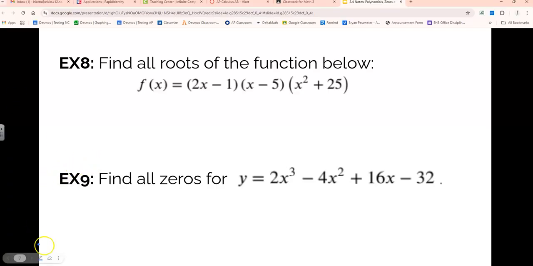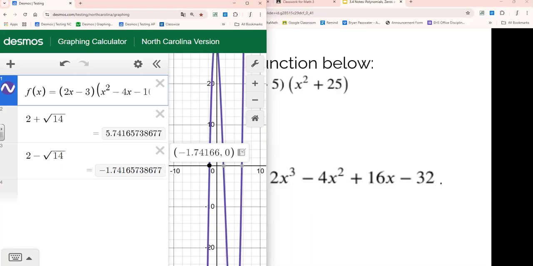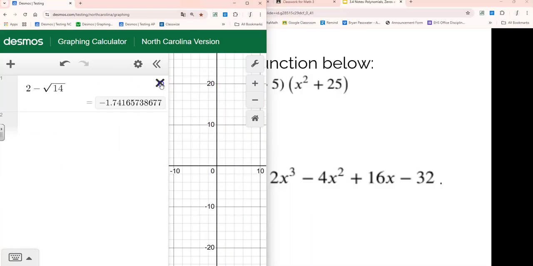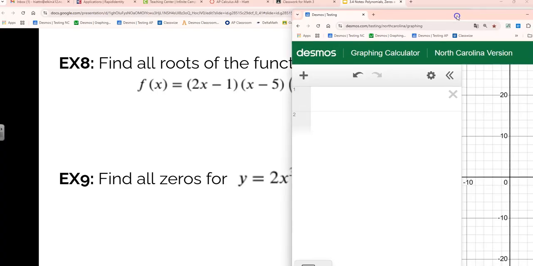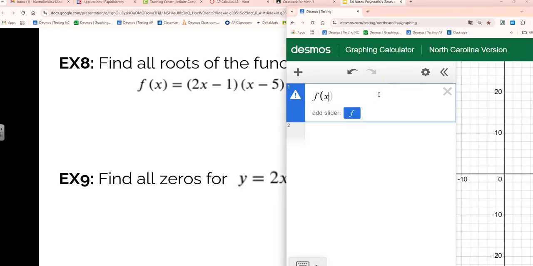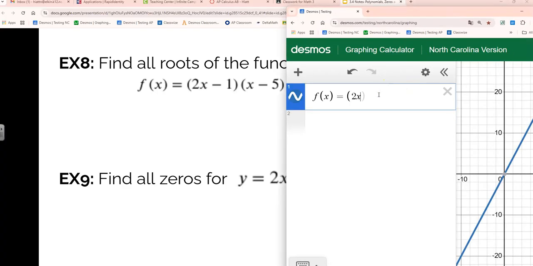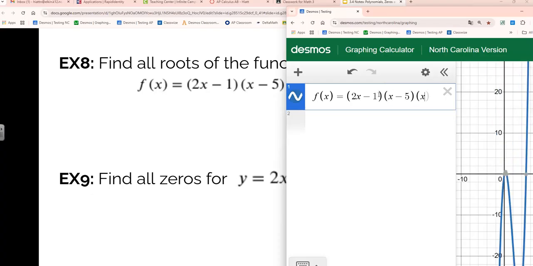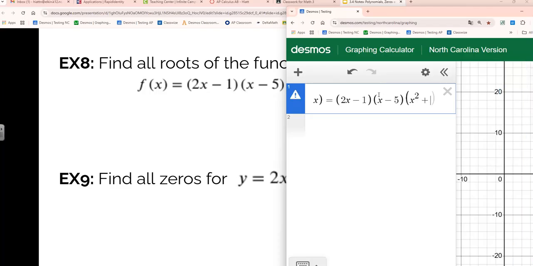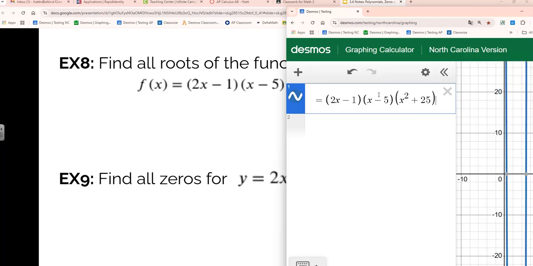And I told you that on the ones we were doing before, we could graph them all. So if I graph this one here, I've got f of x equals 2x minus 1, x minus 5, x minus 5, and x squared plus 25.